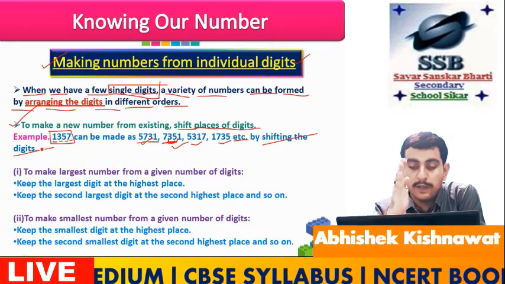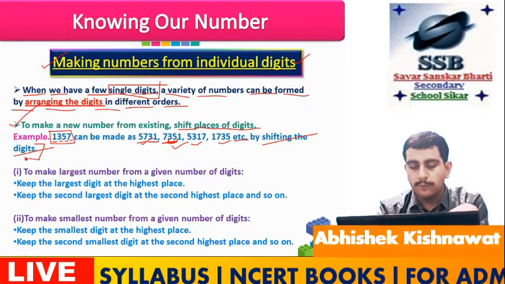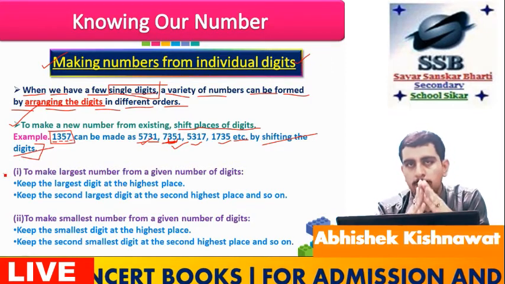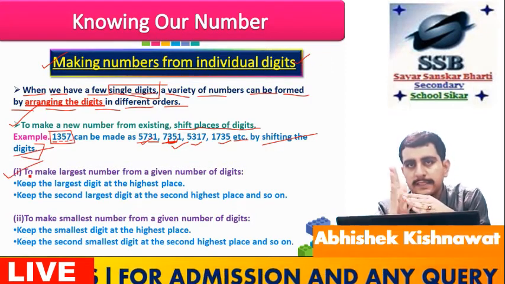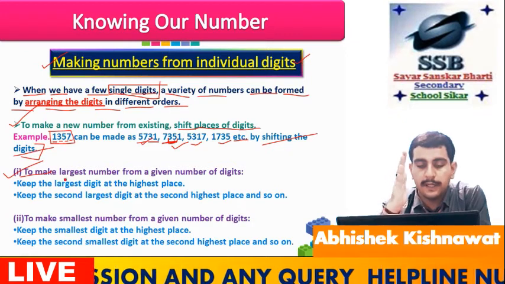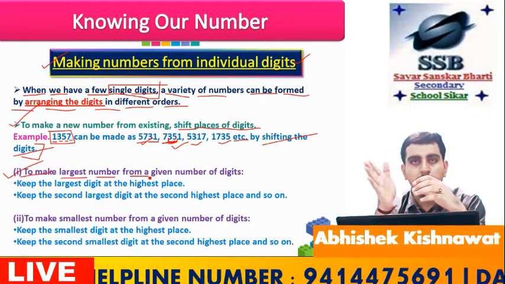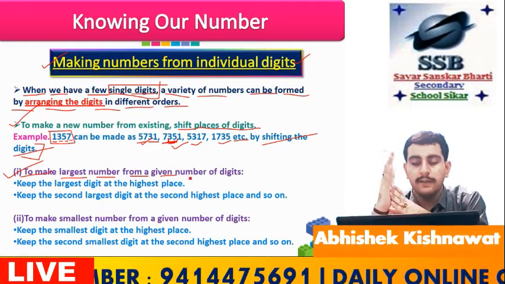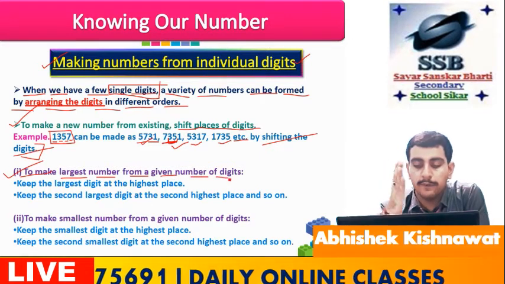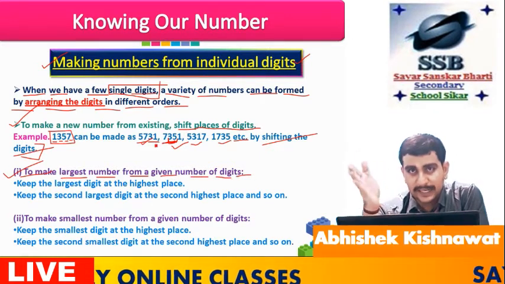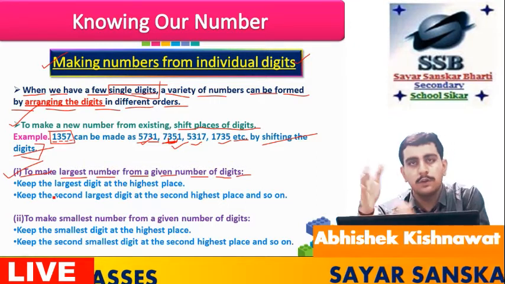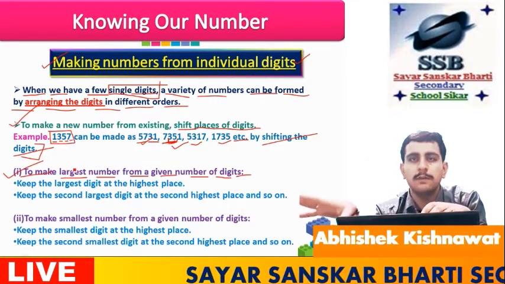Next one is 1735. Now, from where are we getting all these numbers? We do a simple thing. We just shift some digits. You can see that first is 1357. Then we shift 3 and 1 to the right and get 5731. Next, we shift 5 to the second last place, and then we get one more number. So we get many numbers from this.